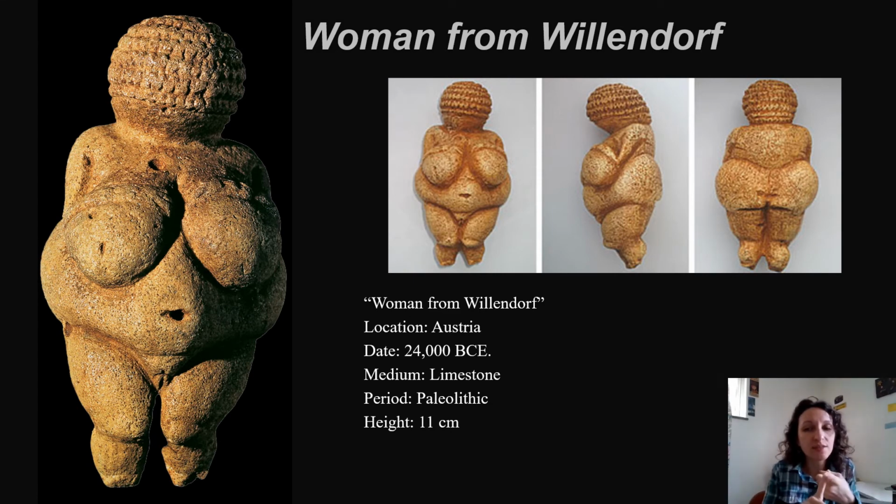We don't really see a face, right? There are just these little squiggles. So there's an anonymousness to the identity of this woman. But what she does have is very large breasts and very wide hips, right? Which are good for giving birth. So they believe that this is a fertility figure, right?